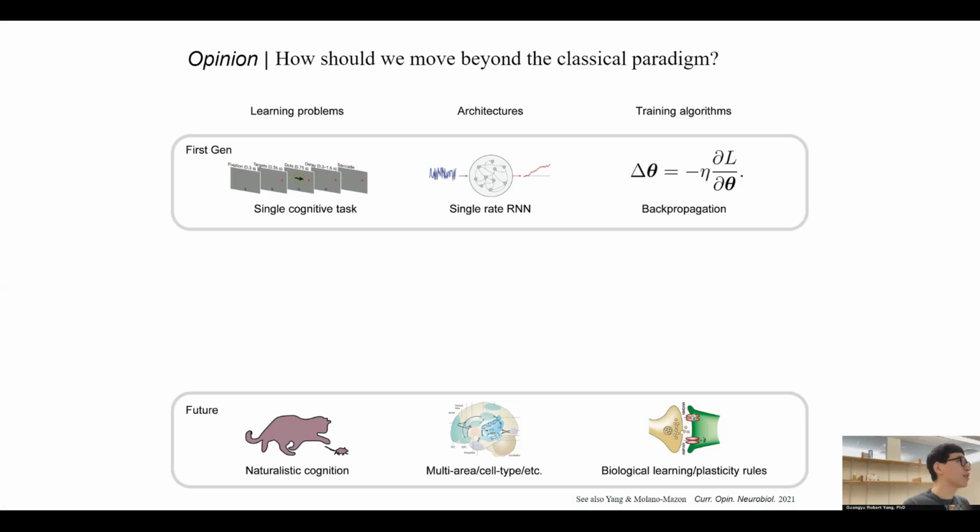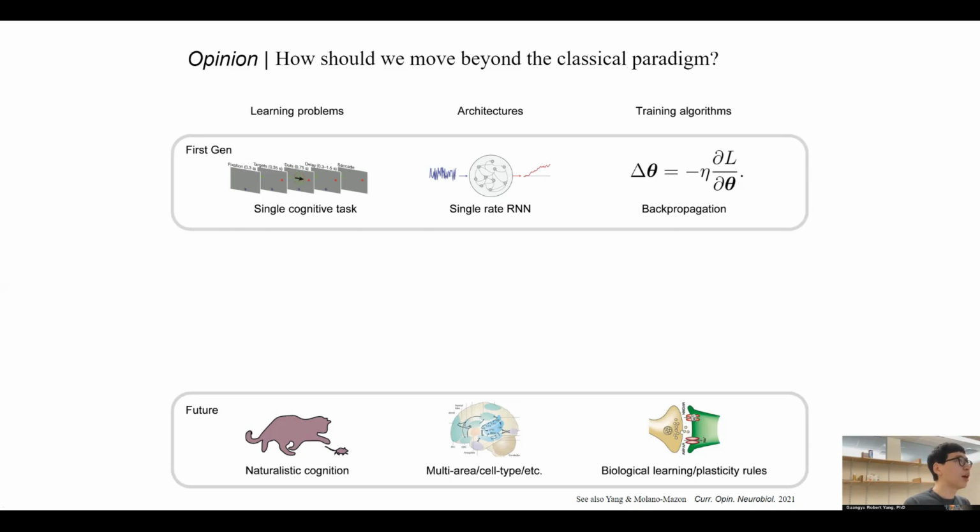I want to emphasize that we have to do that not just because these are things that exist in the brain, right? We're not advocating for just putting things in your network because they exist in the brain. We're advocating to think about these things because otherwise we might be studying recurrent networks, artificial networks that are operating in fundamentally different ways from the brain.